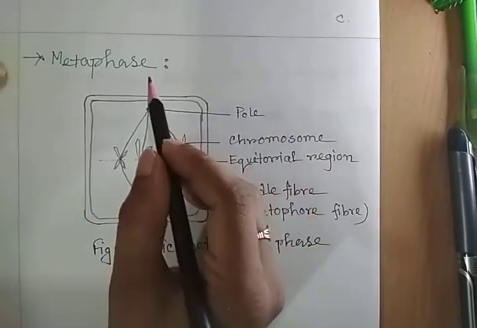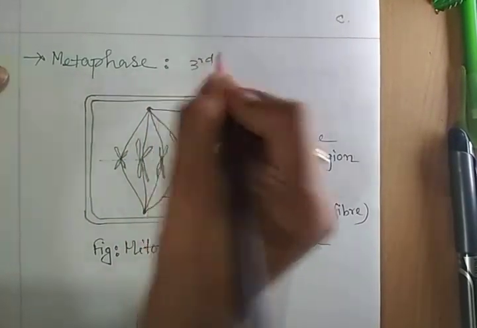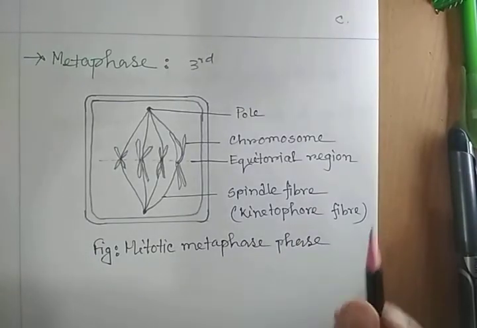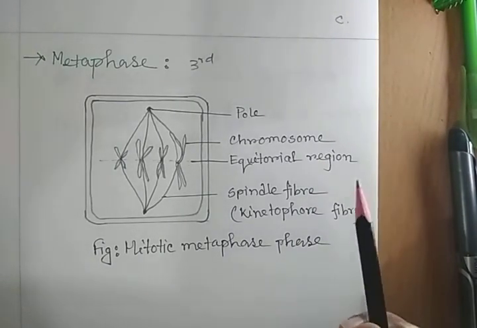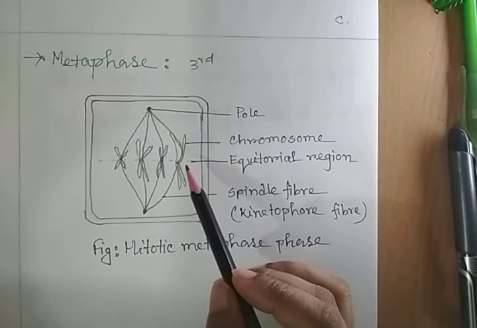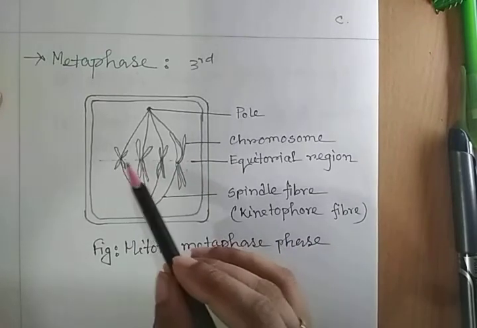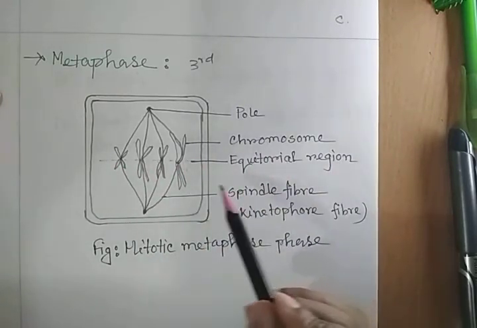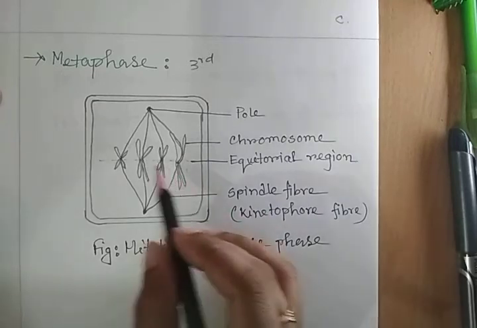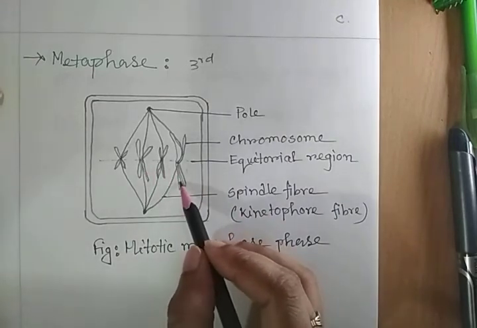Mitotic metaphase. This is the third phase of mitotic cell division. At the beginning of this stage, all the chromosomes are arranged at the equatorial region. Equatorial region means the middle region of that cell.